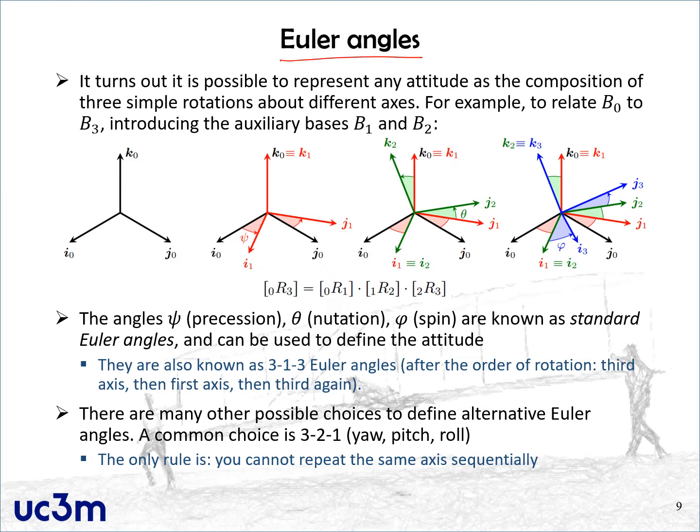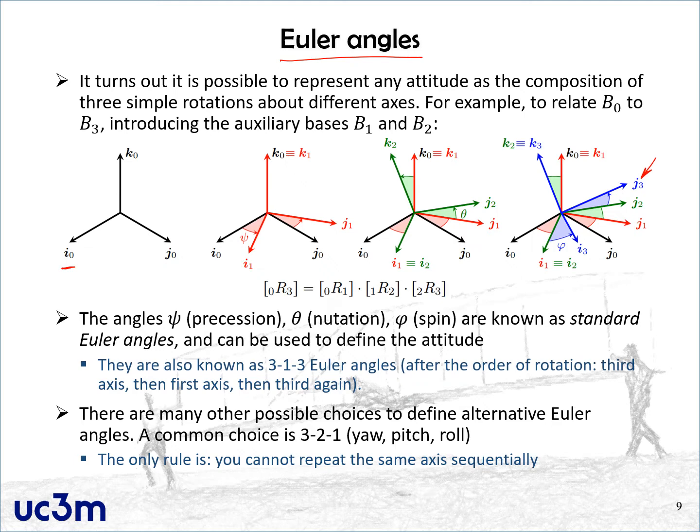So imagine in this example that we want to describe the blue basis over here, basis number 3, in terms of the basis 0. Clearly the attitude, the orientation of basis 3 is quite complex with respect to basis 0, but this is not a problem because we can reach that attitude by concatenating 3 different simple rotations.